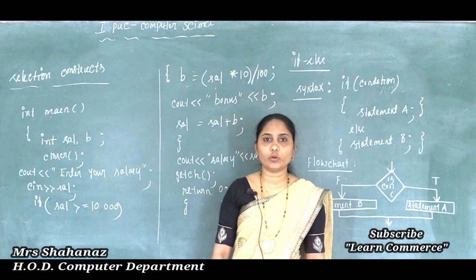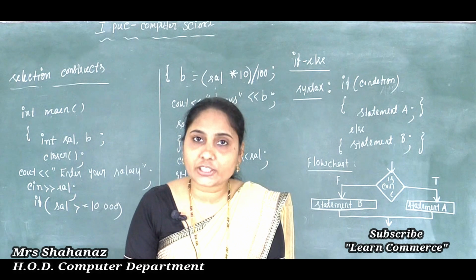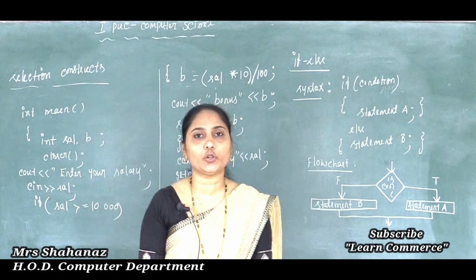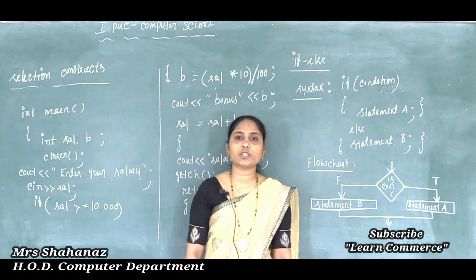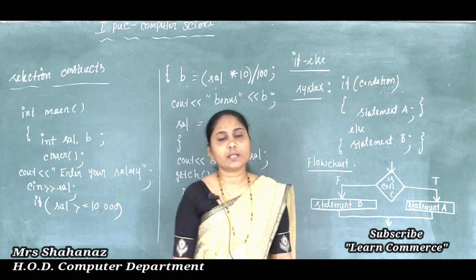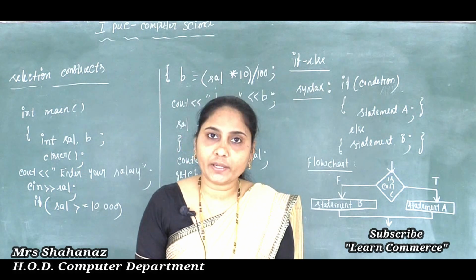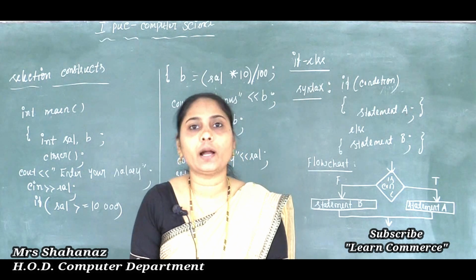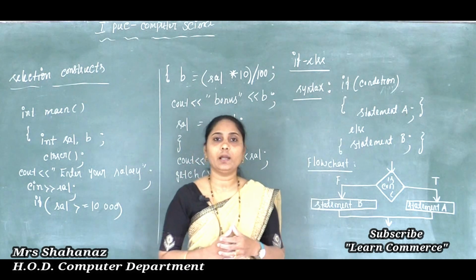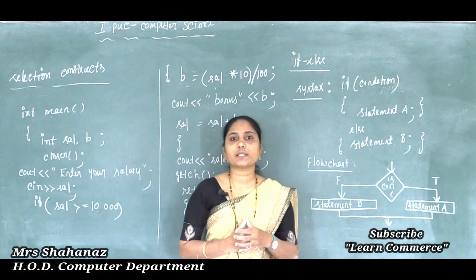In the last class we saw some important selection constructs, and such selection constructs are classified into 4 divisions. The first division is the simple if, the second one is the if else, the third one is else if ladder, and else if ladder is classified into format 1 and also format 2, and also the last, fourth division is the switch statement.